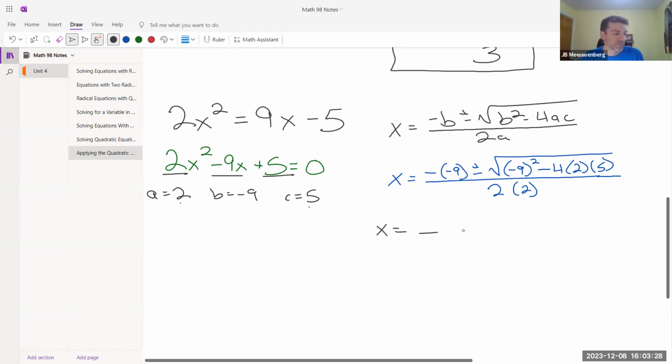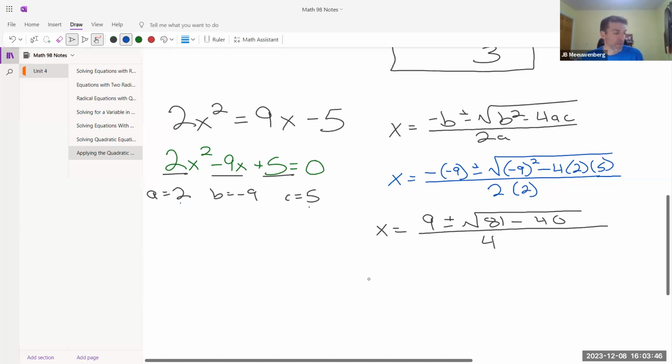X equals, big fraction bar, -9 is 9, plus or minus the square root of 81 minus 40, all over 4.